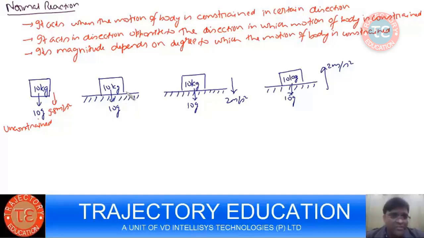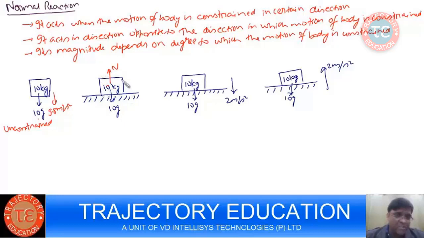So the motion of this body is constrained in downward direction. It means there must be a normal reaction acting on this body in direction opposite to the direction in which motion is constrained. Who constrains the motion? Surface is constraining the motion. So surface must be exerting a force N in upward direction.